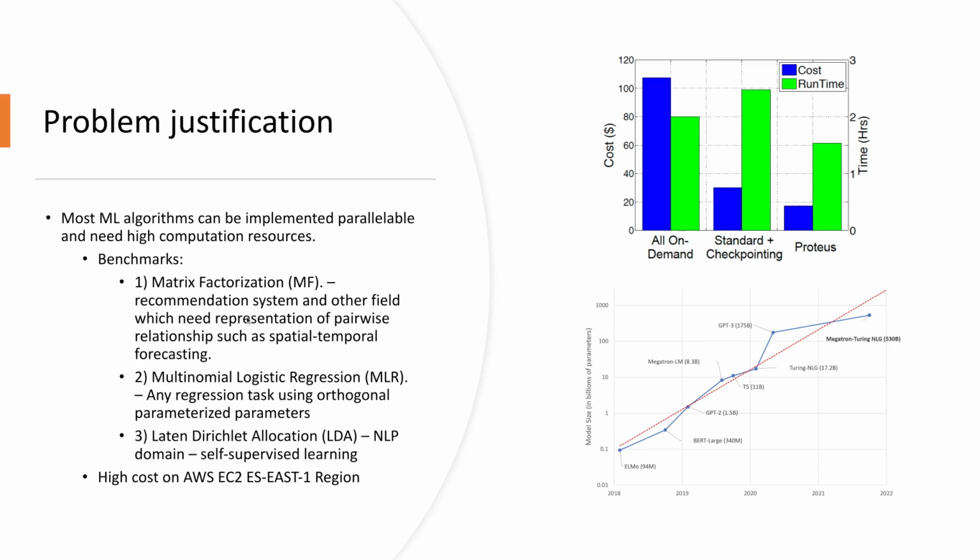The first is matrix factorization, used in recommendation systems. The second is a very general algorithm that can be applied to any logistic regression task. And the next is latent Dirichlet allocation, which is used in the NLP domain, or could be extended to some of the supervised learning strategies.